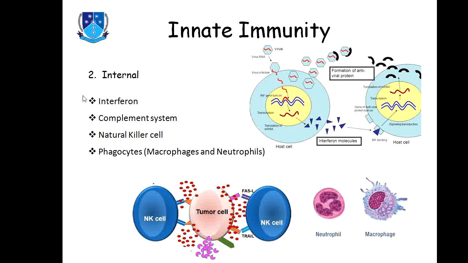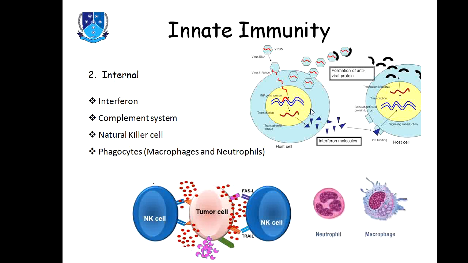If a virus invades a cell inside the body, focus on this diagram. In this diagram, we can see that this is a cell, and this cell is infected by a virus.